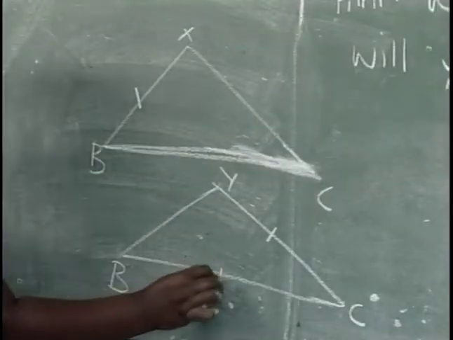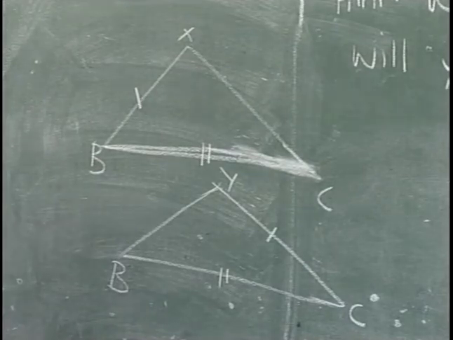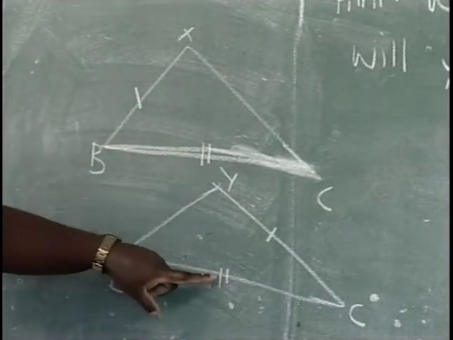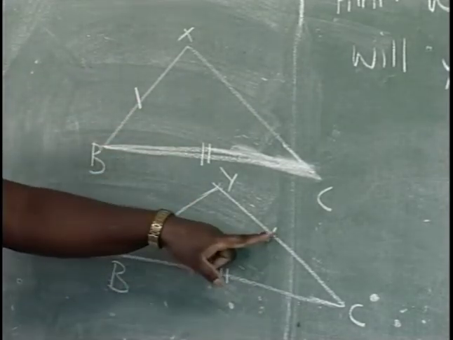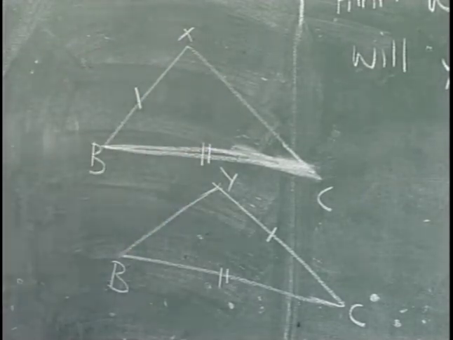They share this and this, which means those two are also equal. Okay, we've got two sides that are equal, this and this. So can we say that CX is equal to BY?